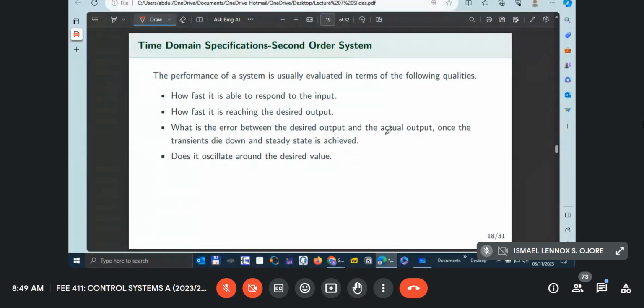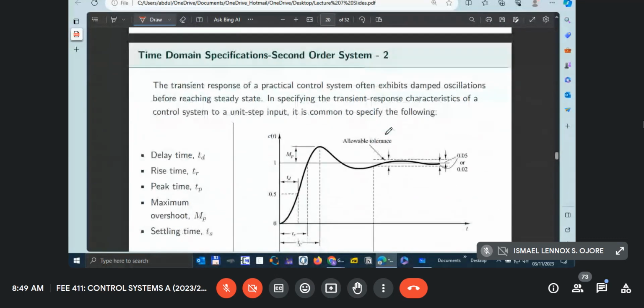And we'll also want to see if that system will oscillate, and by how much, around the desired value. So these time domain specifications are almost the same as what we discussed in first order systems. Some of them, and we'll see we have others.